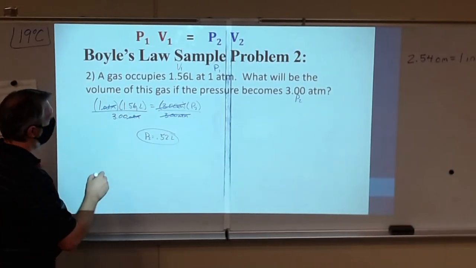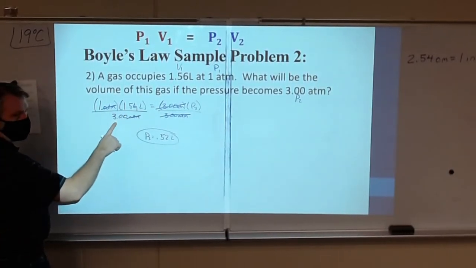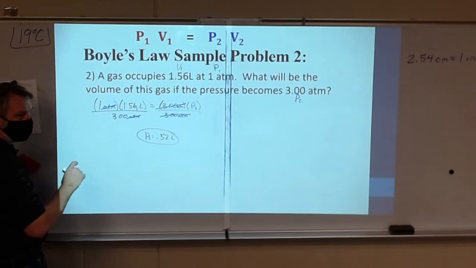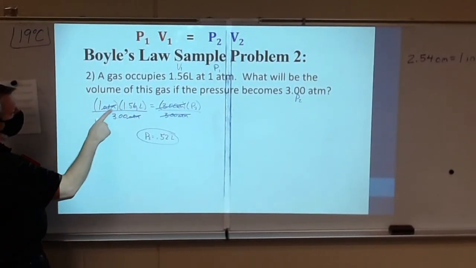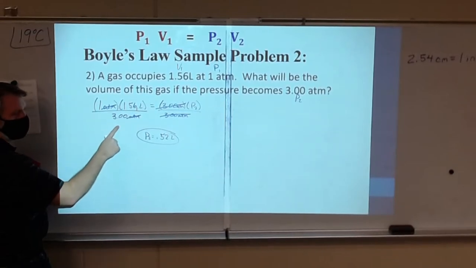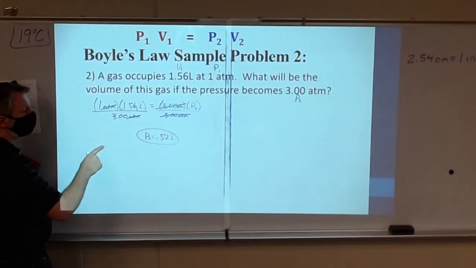So that leaves me with 1.56 divided by 3. This is a pressure of 1 ATM, and this is a pressure of 3. So I divided the pressures here.